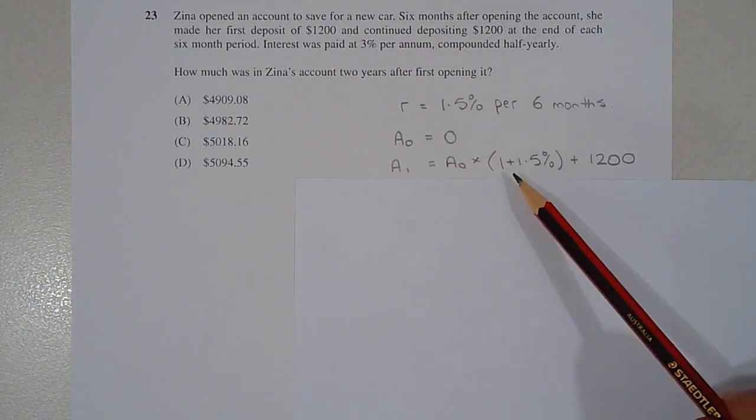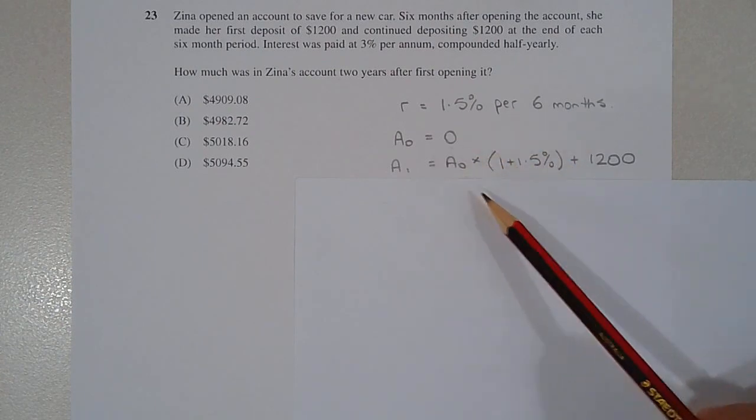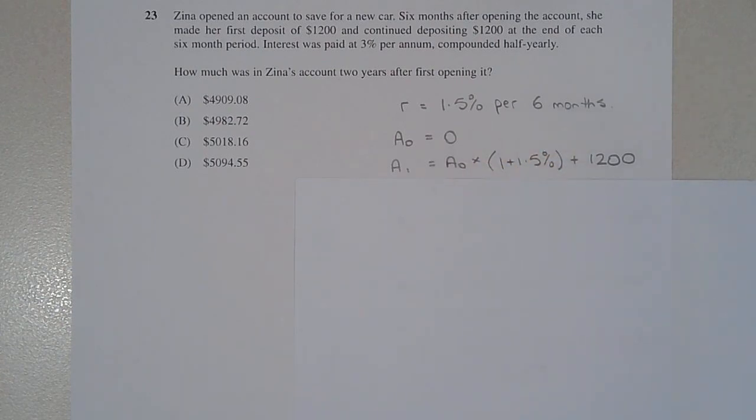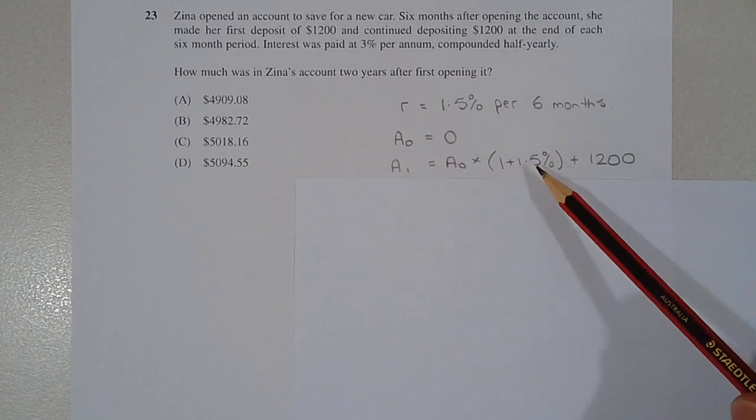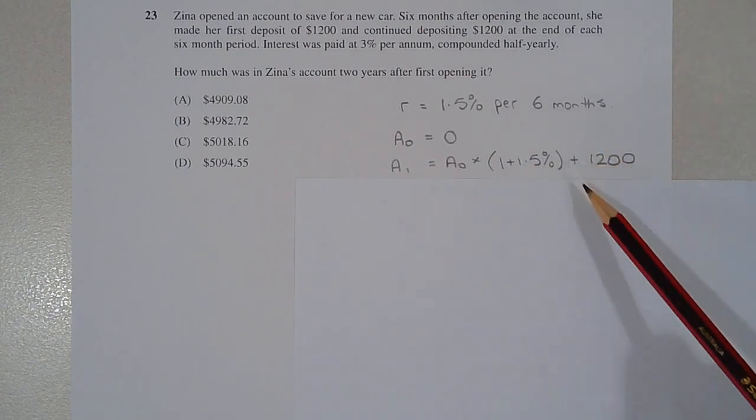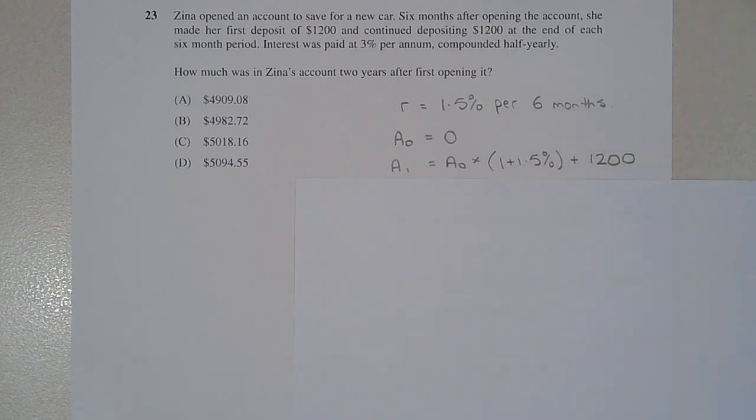We multiply that by 1 plus 1.5%, so increasing that by 1.5%, and of course increasing 0 by 1.5% is just 0, and then she deposits $1,200, so that's the plus 1,200. So at the end of the first 6 months, Zena has $1,200.